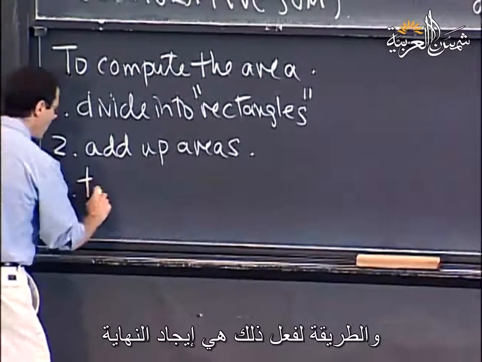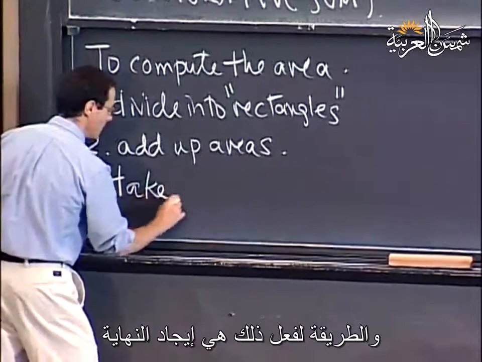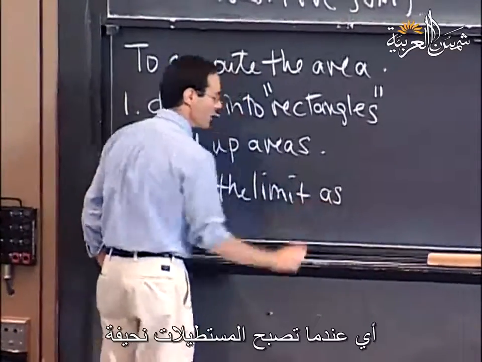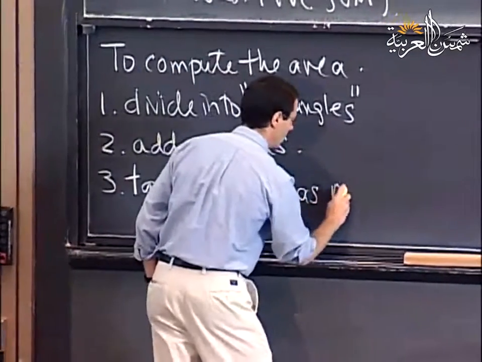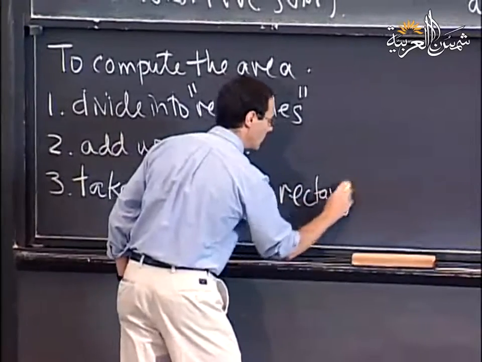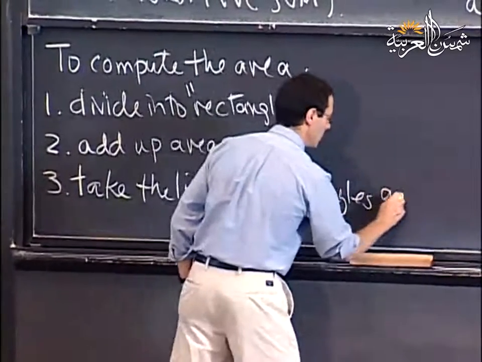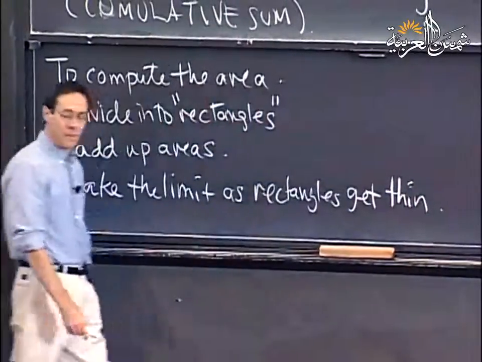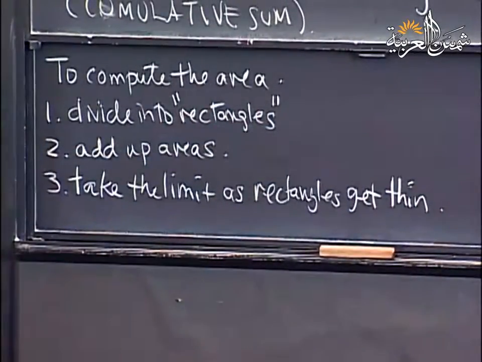And the way we'll rectify that is by taking the limit as the rectangles get thin. Infinitesimally thin, very thin.